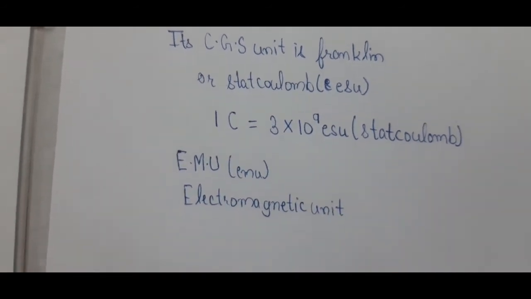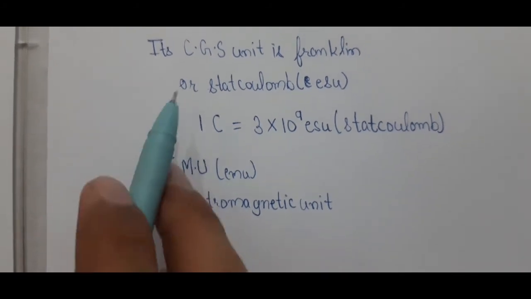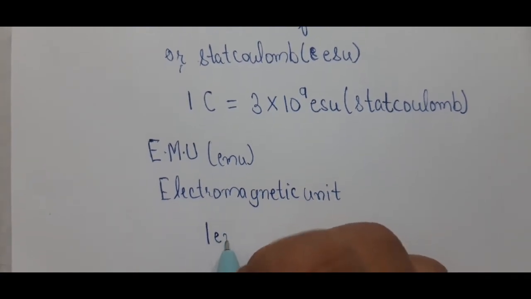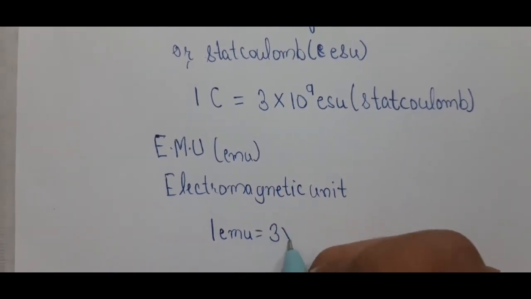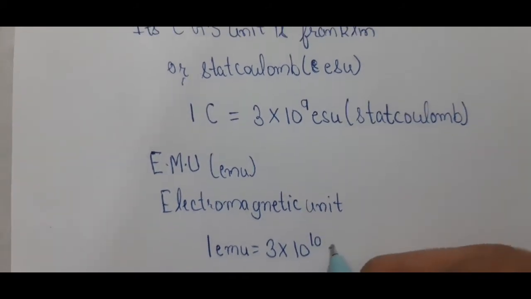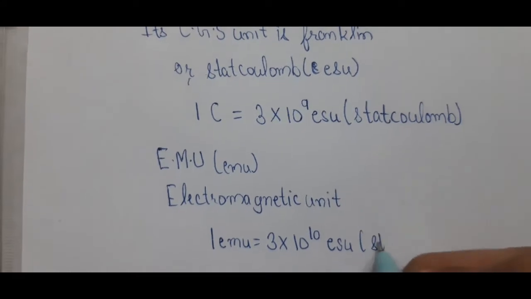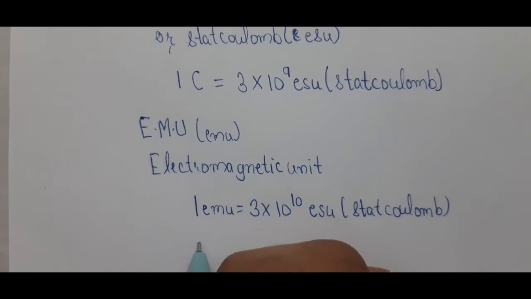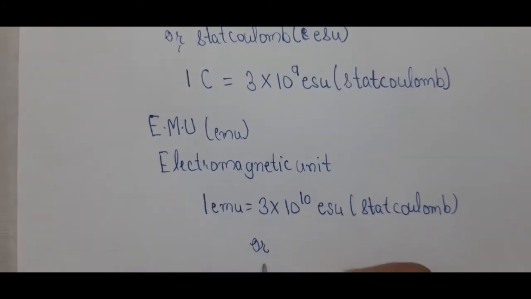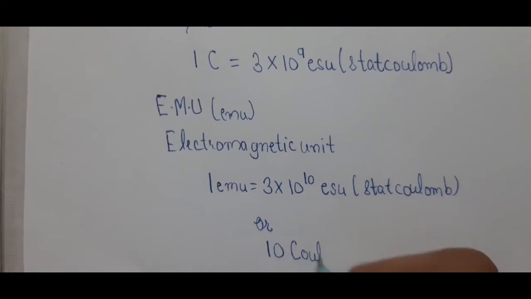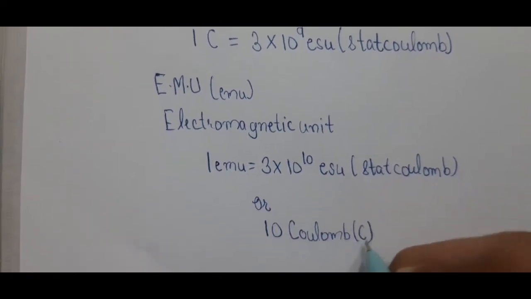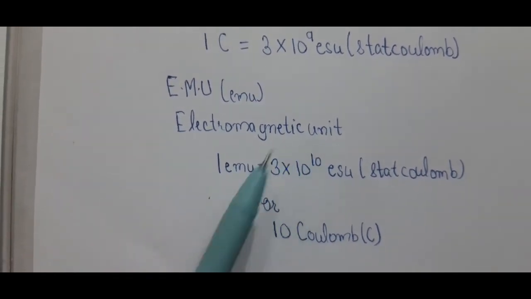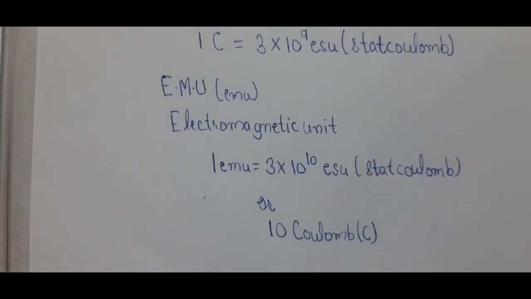And the relationship between electromagnetic unit and coulomb or stat coulomb is: 1 electromagnetic unit is equal to 3 into 10 raised to power 10 ESU, means stat coulomb, and 10 coulomb. So this is the relationship between electromagnetic unit and stat coulomb or coulomb.